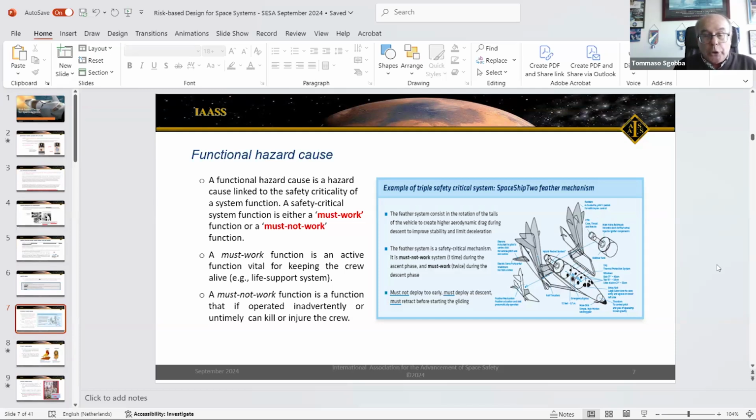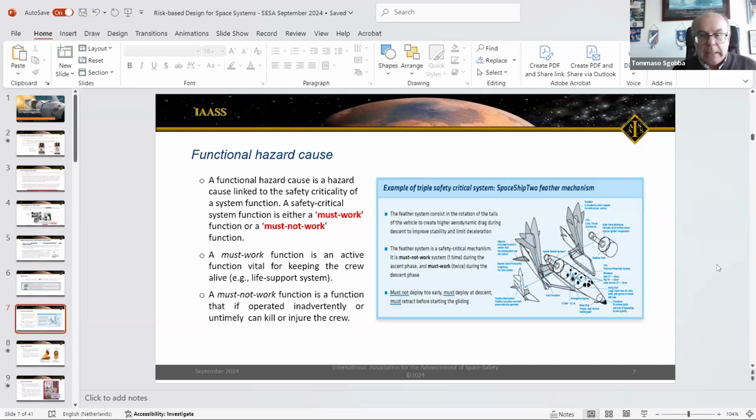A parachute not opening at the right moment is a must-work function which fails. There are also cases in which an accident happens because a function is activated at the wrong moment.